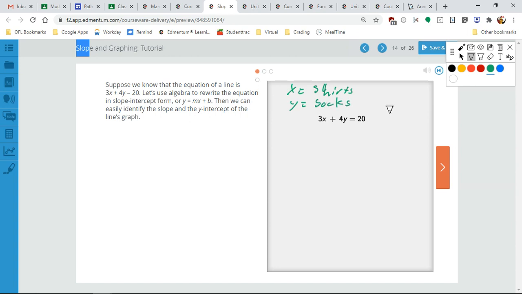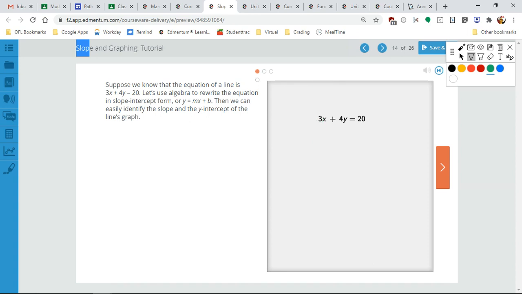So this is saying that I'm buying 3 shirts and 4 socks, and I'm only spending $20. So that's how standard form is usually used. This represents the number of shirts, but the coefficient represents the dollar amount. So the numbers are representing the dollars, the X and Y's are representing a number.